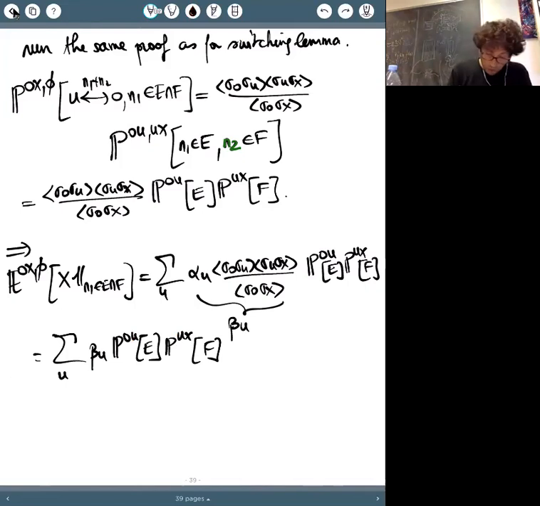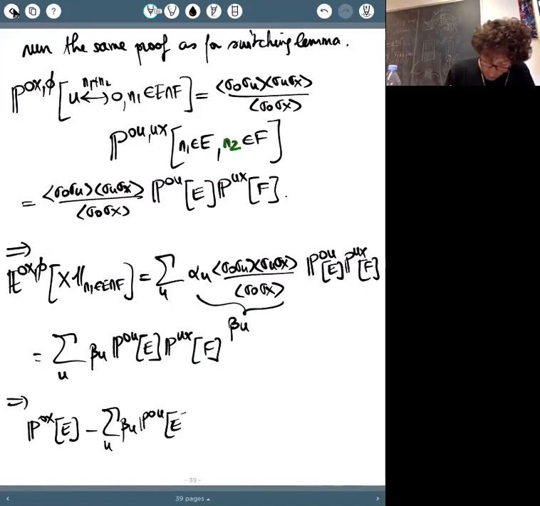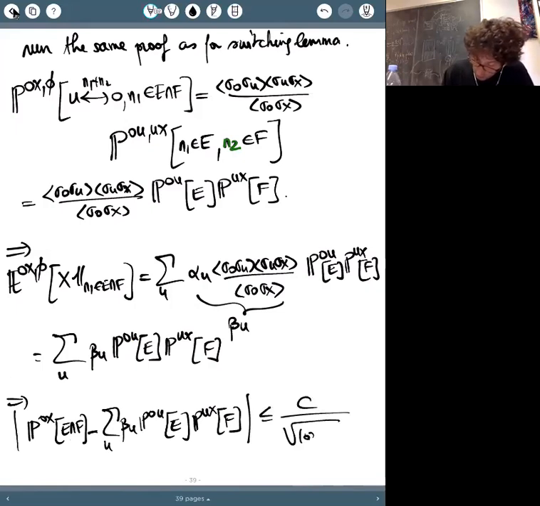Okay? So overall, we just proved that P0x of E minus this sum of E inter F, we proved that this is smaller than a constant over square root log n over capital N. It's almost what we wanted.